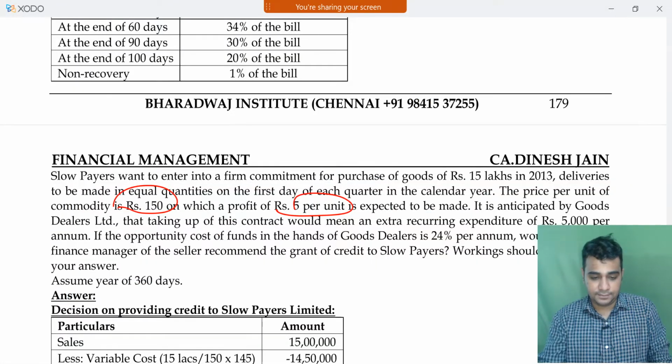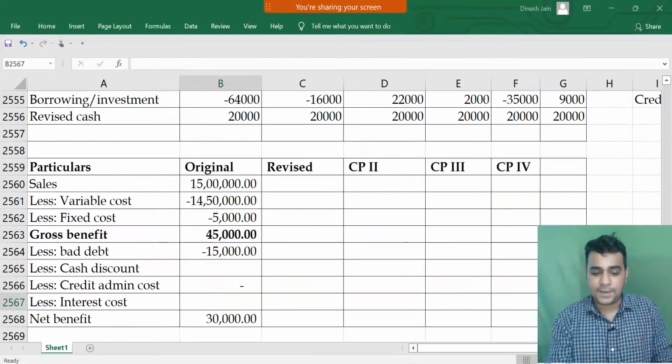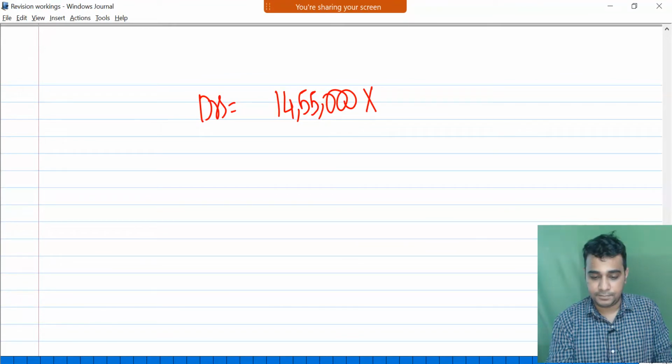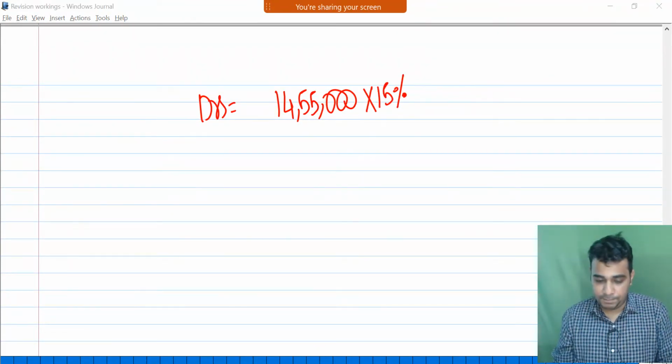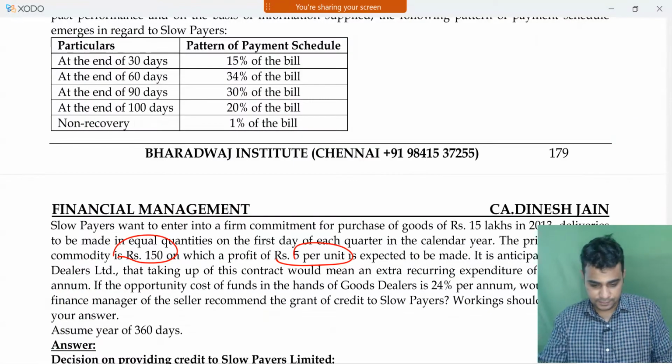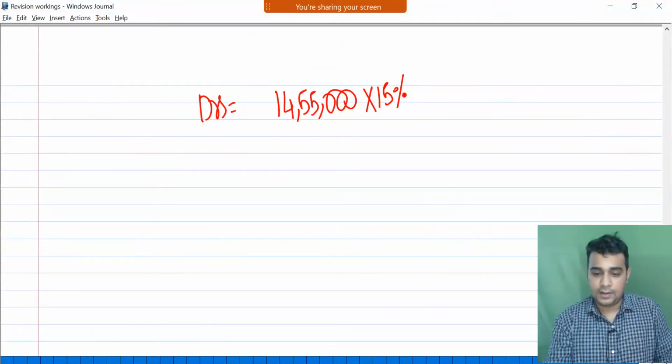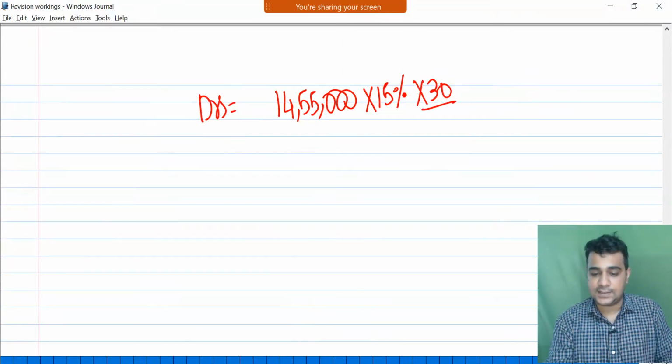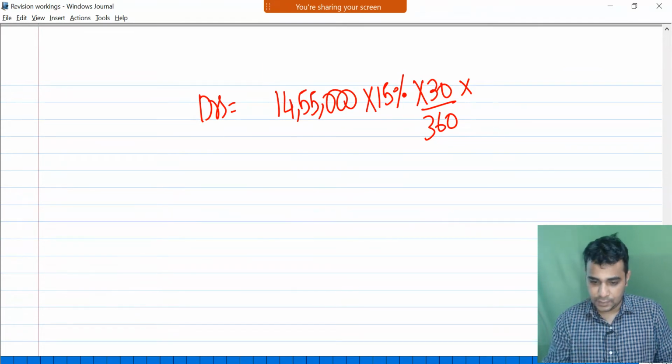In that 15% of the bill is paid within 30 days. What is the interest cost given in the question? Interest cost, 24.